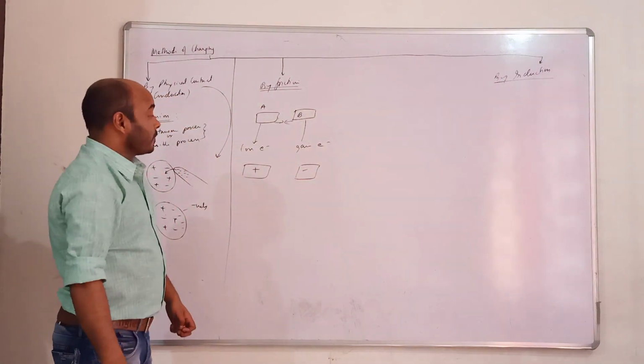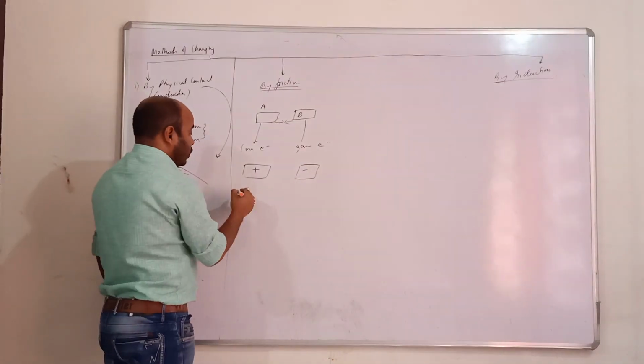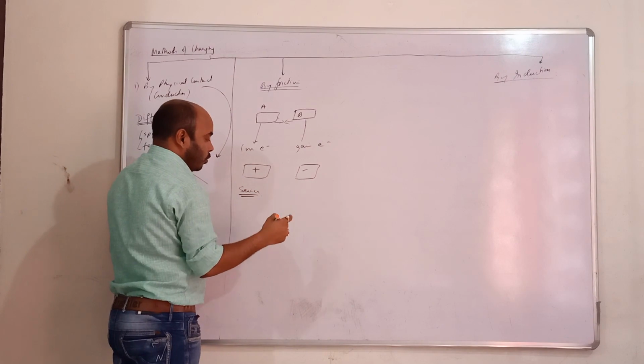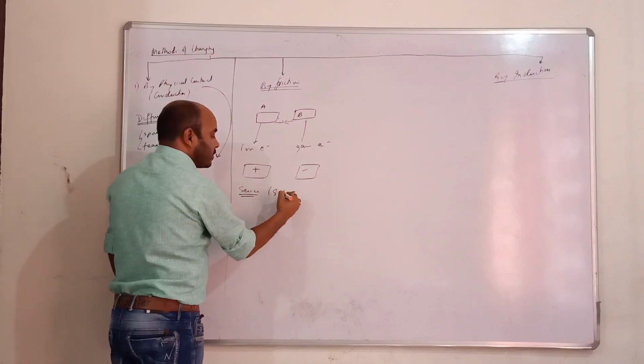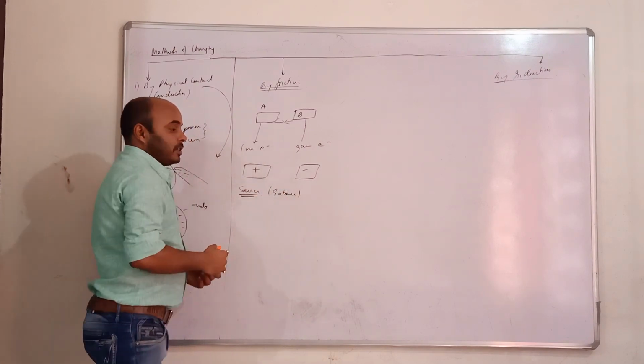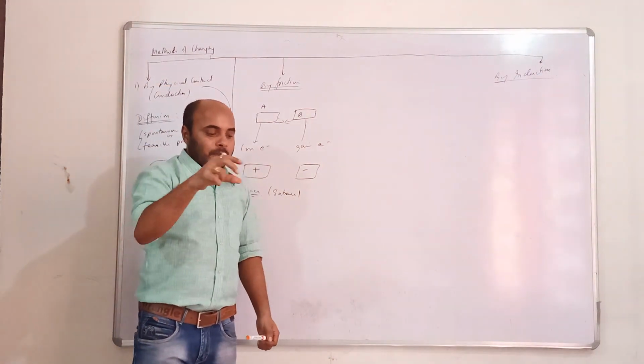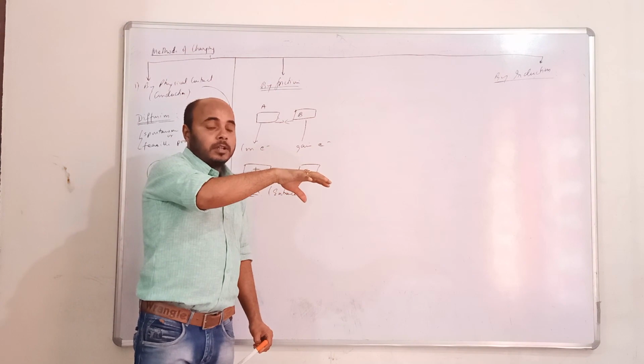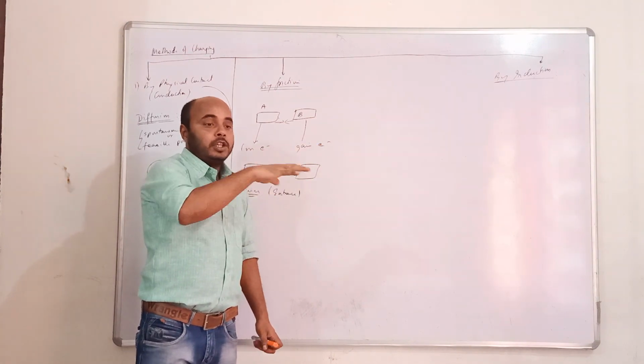Now in the refresher, you have a series which is not required in boards but required in entrance exams. The series lists the names of different materials, like silk, glass, fur, human body, ebonite.